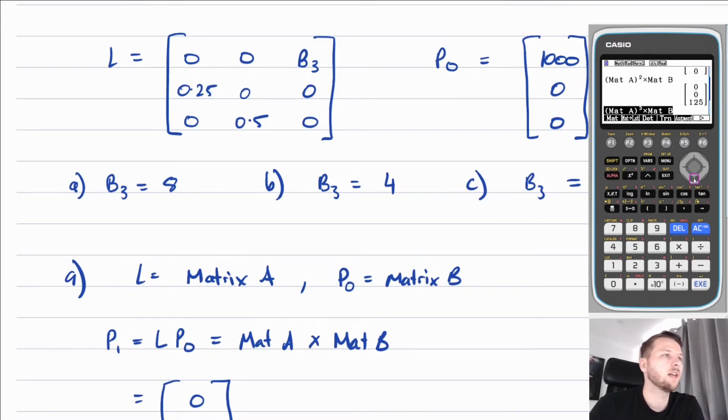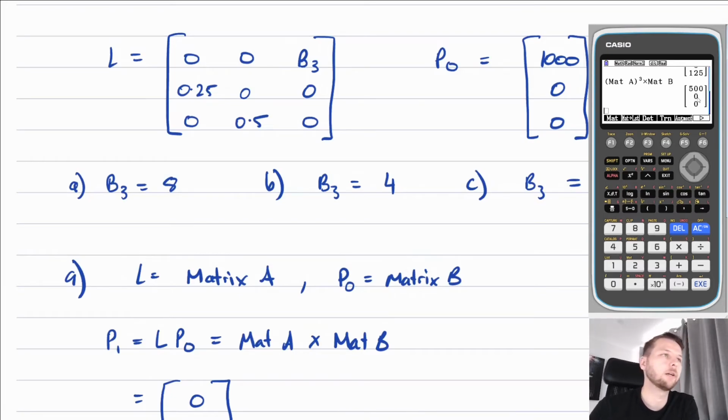Okay, and then we move down to L cubed. Before, this cycled back to the initial population. But now we've got 500 instead of 1,000. So all of the ones old enough to have babies haven't had enough to replenish the population.